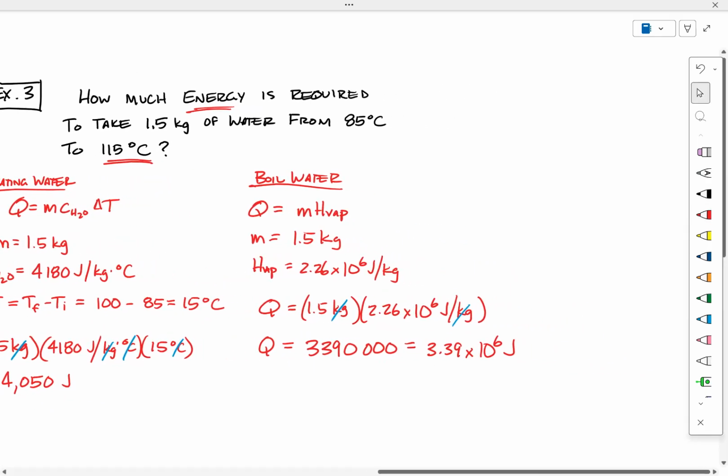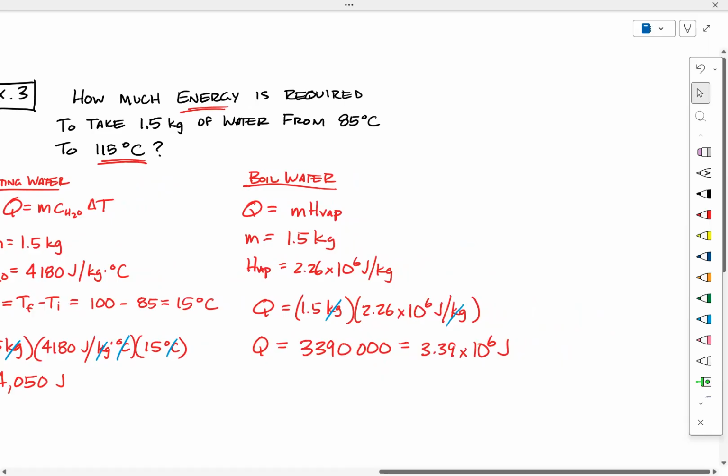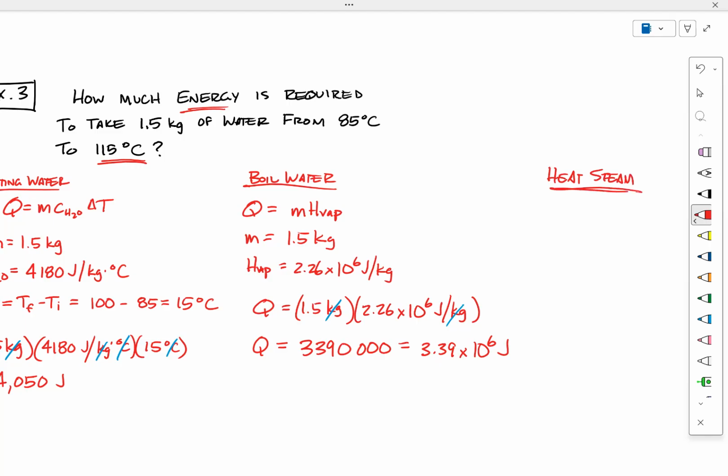Not quite done yet. We've got the water now all turned into steam. So all 1.5 kilograms of it were vaporized. But now we have to heat the steam up beyond that 100 degrees, and we can do that calculation over here.